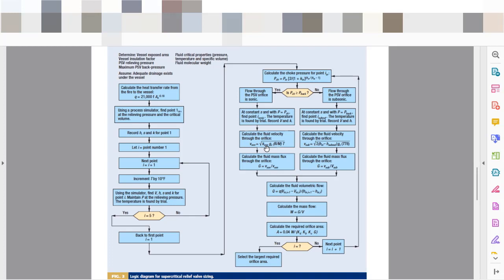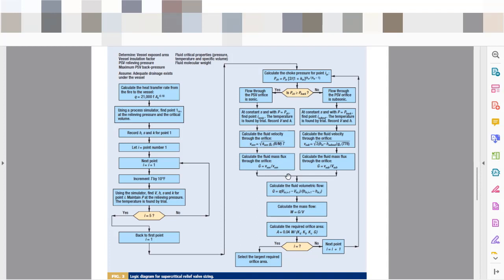And we calculate the mass flux through the orifice for the choked condition, and that is a very important point. Because here, the mass flux is limited by the choked condition. So that's why we need to use the properties of the fluid based on the choked condition and not on the release conditions.